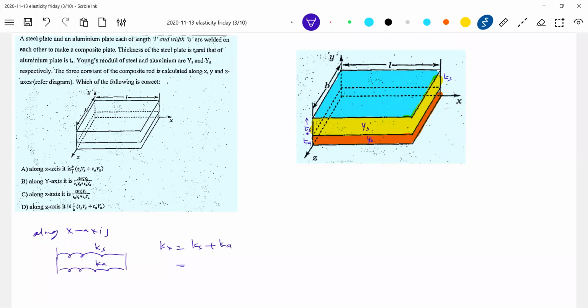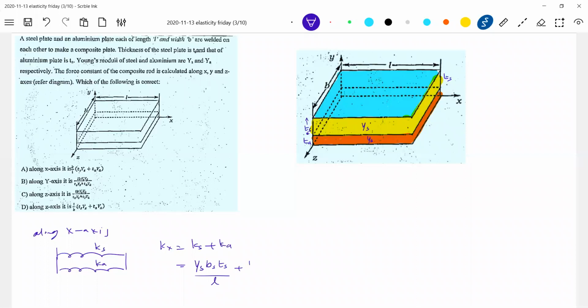What is K? This will be Young's modulus of steel, Ys, times area of cross section. Tell me what shall I do? Area of cross section, B into thickness of steel, Ts. What should be the length?